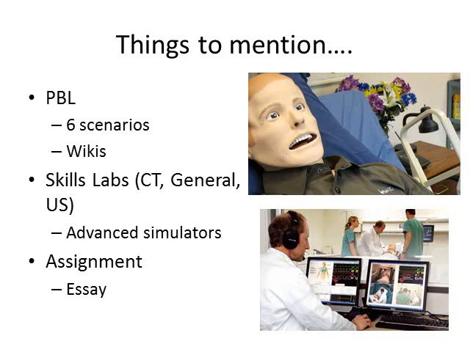A few things to mention before I finish this talk. The imaging of the cardiovascular system module is delivered by PBL. There are 6 scenarios, and rather than getting you to produce your PBL notes as a group in a Word file, we encourage you to use a wiki. Our wiki is basically a web page that we give you through Blackboard, and you can type PBL notes directly into that.